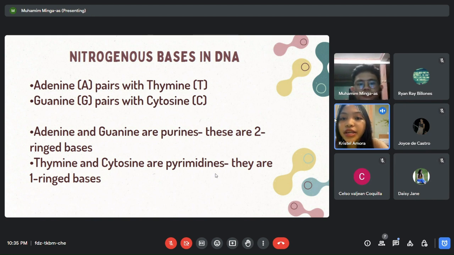Adenine and guanine are purines, which are two-ring bases, while thymine and cytosine are pyrimidines, which are one-ring bases. Adenine and thymine form two hydrogen bonds, and cytosine and guanine form three hydrogen bonds. Next slide, please.